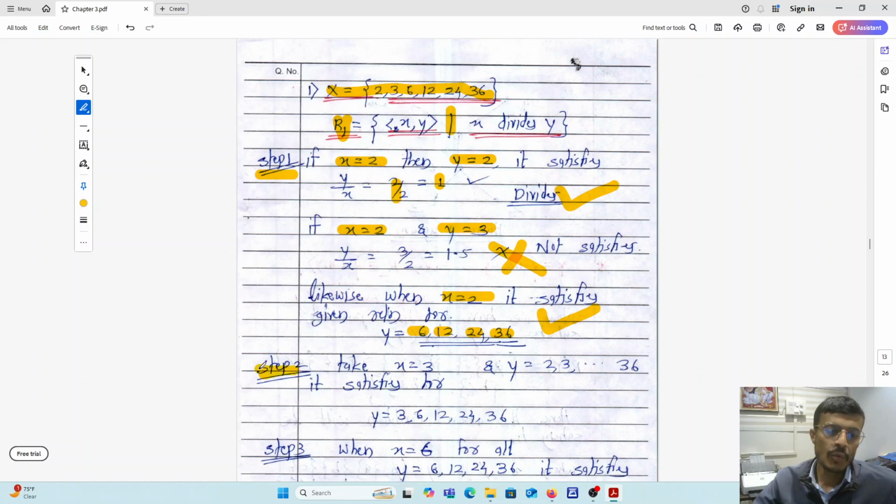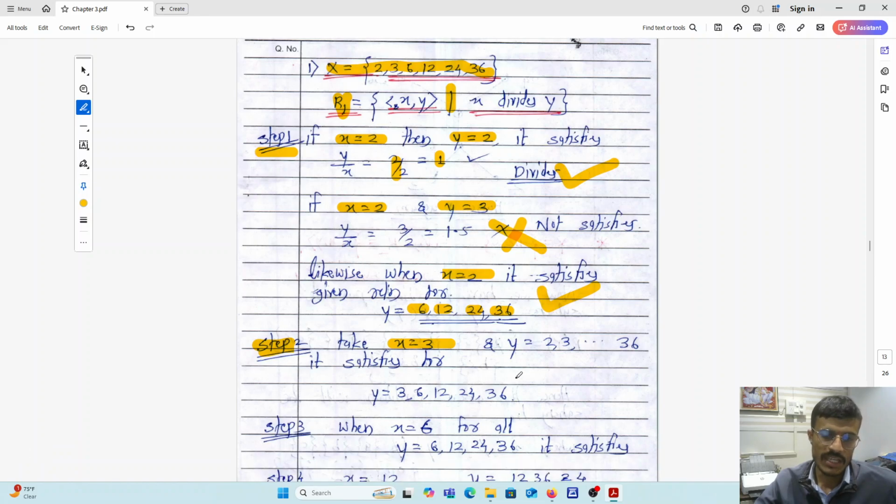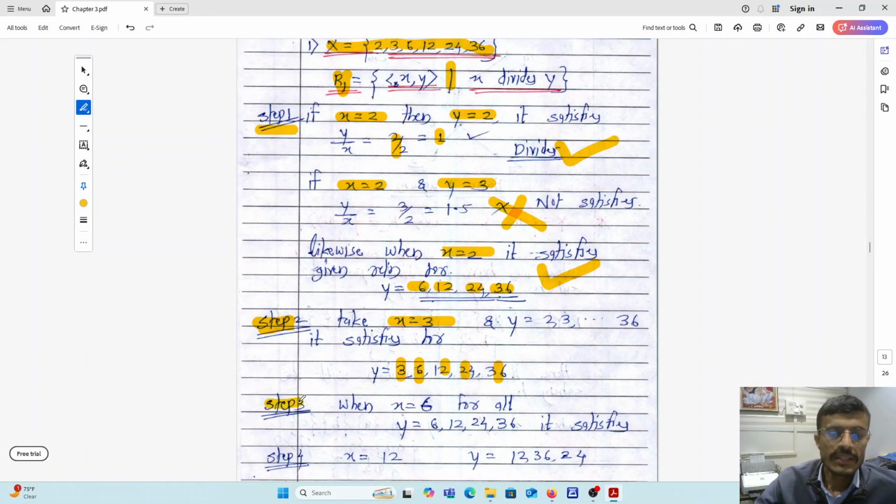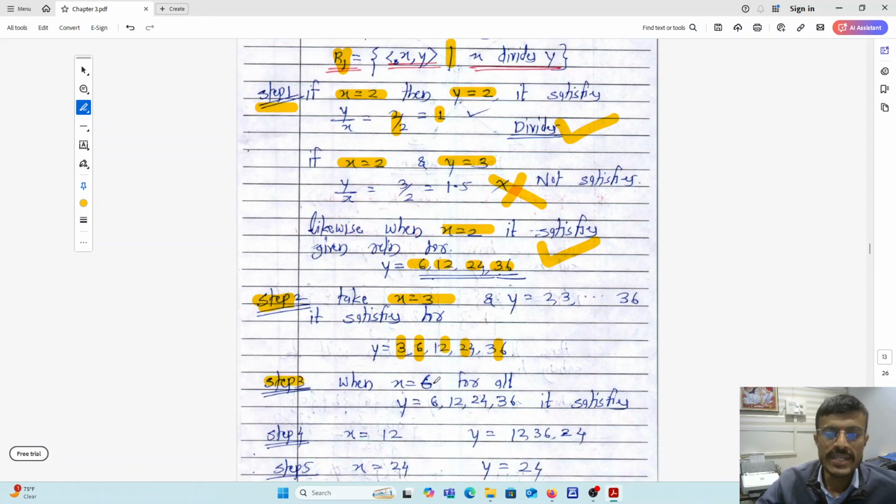Then step number 2, what do we have to do? Take X equal to 3 and Y equal to 2, 3, 6, 12, 24 and 36 and check whether it is satisfied or not. Whenever X is equal to 3, it is satisfied for Y equal to 3, 6, 12, 24 and 36. Then step number 3, when X is equal to 6, it is satisfied for Y equal to 6, 12, 24 and 36.